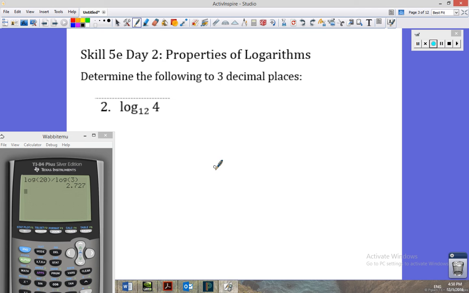And we just do the same thing now for all of these. By the change of base formula, this is common logarithm log of 4 divided by the log of 12.